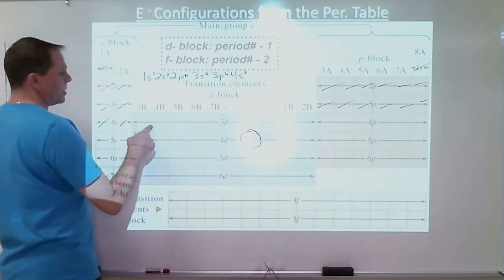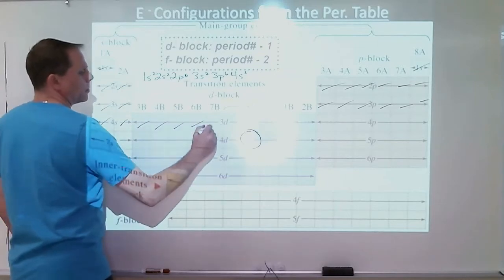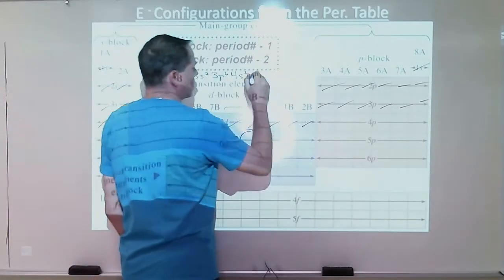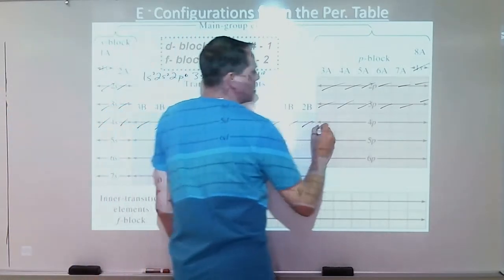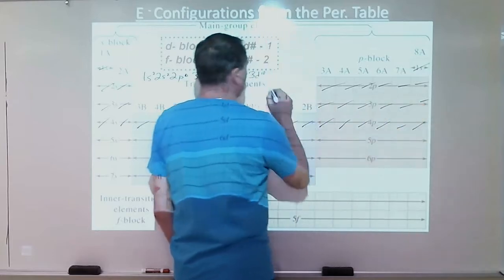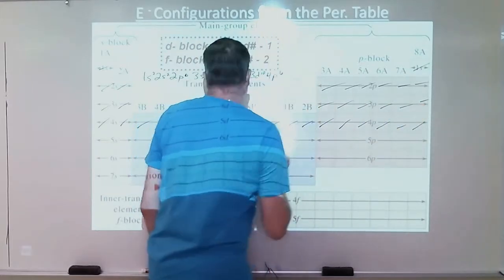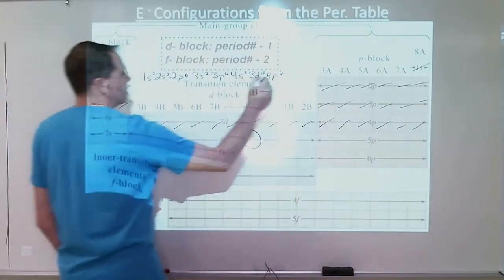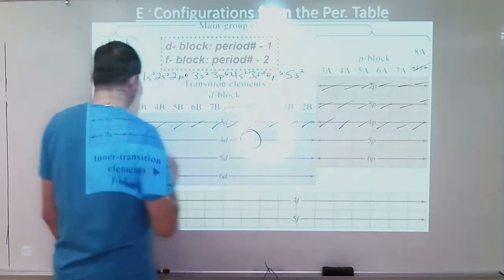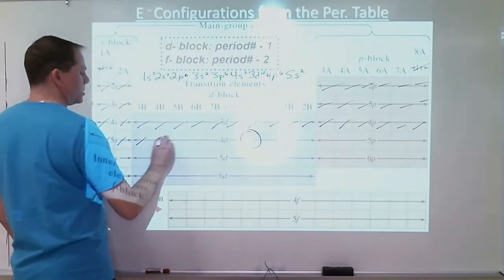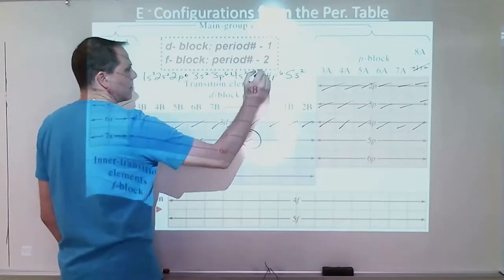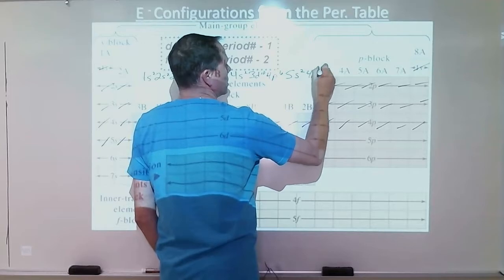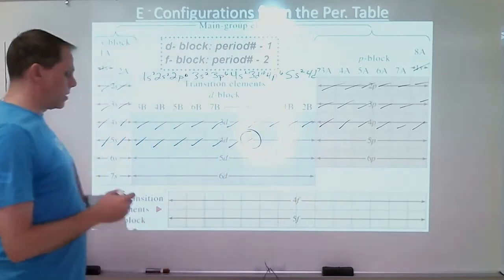This is not 4p, this is 3d. 1, 2, 3, 4, 5, 6, 7, 8, 9, 10. 3d10. 4p6. Keep going. 5s2. And then 4d, 1, 2, 3, 4, 5, 6, 7. 4d7. And that would be my electron configuration.